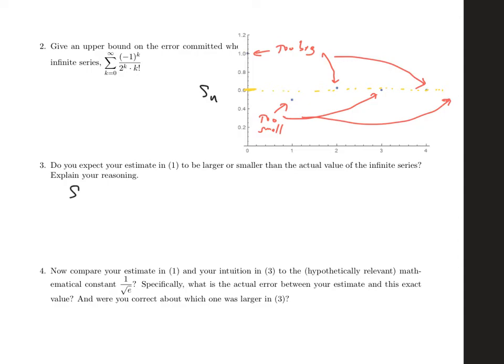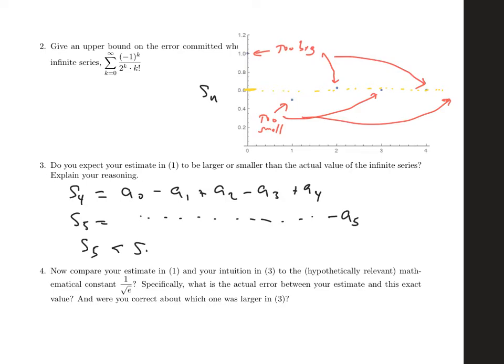So for us, S4 here was A0 minus A1 plus A2 minus A3 plus A4. The next partial sum would have been exactly all of that stuff minus A5. So you see that S5 has to be smaller than S4, right? It's the same thing, but you subtracted something at the end.